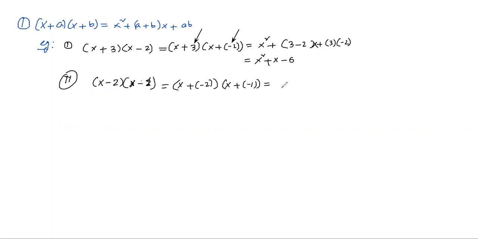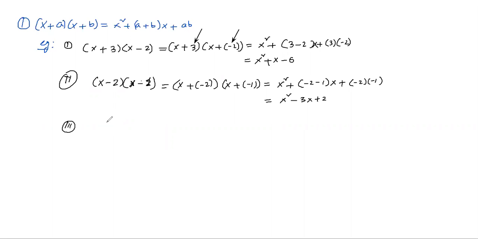So this will be x square, then minus 2 minus 1 times x, and then this is minus 2 into minus 1, giving you the answer x square minus 3x plus 2. Right, so this is the answer. Just try to adapt the identities. I'm going to do plenty of questions with every identity so that you can do all the book questions from your side.